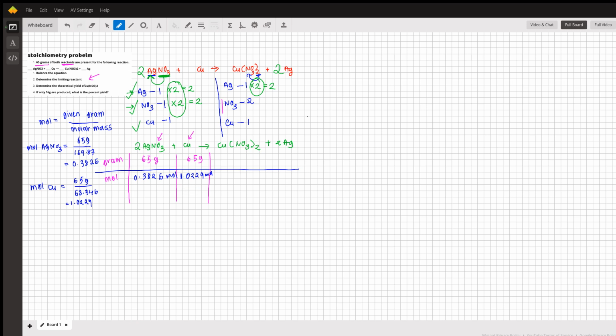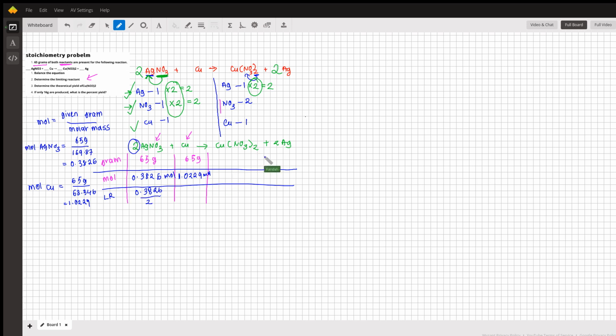Now we have to find the limiting reagent, and this is actually really simple. First, you take the mole and you divide it by the coefficient. Now what's the coefficient, you ask? The coefficient is the number in front in the balanced equation. So here we take the number of moles, 0.3826, divided by 2.